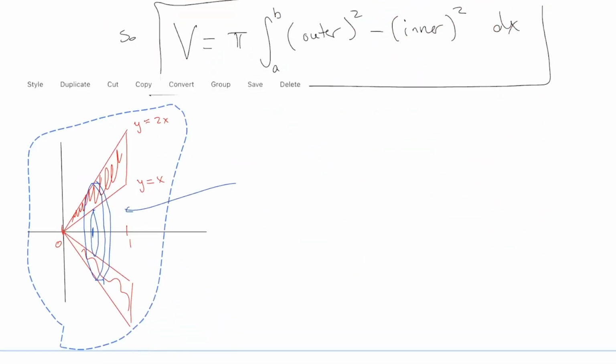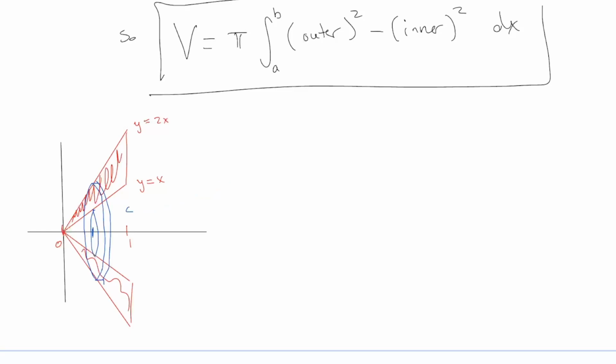So this one here, we don't need to see that anymore. So here it's going to say volume is pi. Okay, what are the a and the b? That's just, as usual, the range of x values that I'm considering, and I put it on the picture, is 0 to 1. And then it should say the outer radius minus the inner radius. The way that I think of this on a picture like this, maybe I'll take away this scribbly stuff so you can see more clearly what I'm saying.